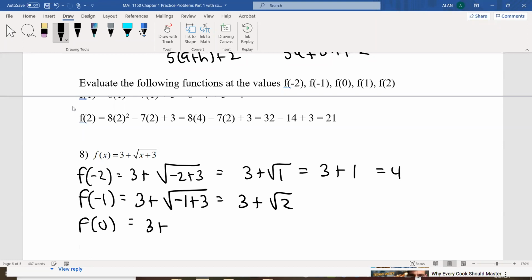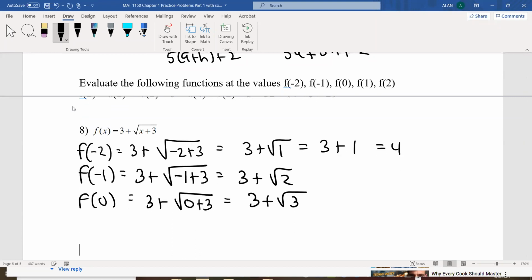F of 0, again, there's nothing we can do with this one to simplify it. f of 1, 3 plus radical 1 is different.